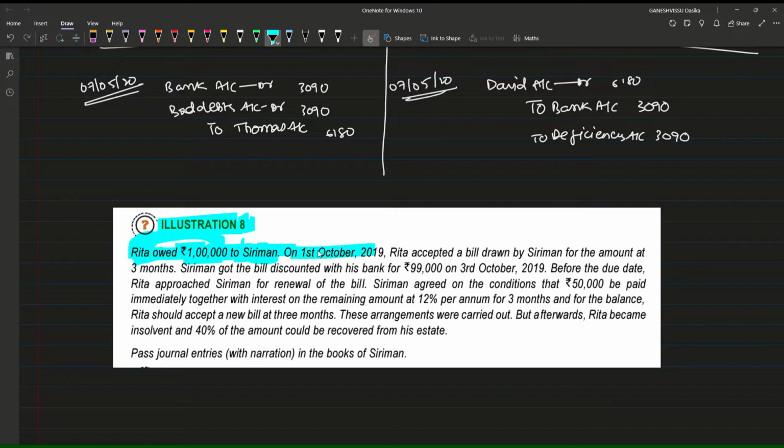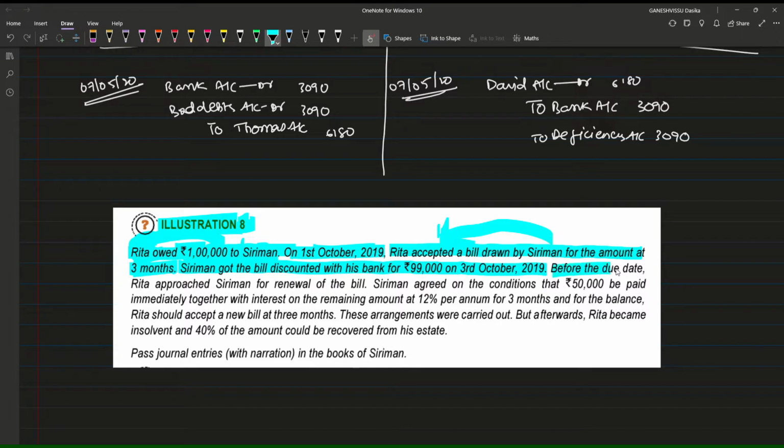On 1st October 2019, Rita accepted a bill drawn by Siriman for the amount at 3 months. So Siriman has drawn a bill of exchange on Rita for rupees 1 lakh. Next, what happened? Siriman got the bill discounted with his bank for 99,000 on 3rd October 2019. Within 2 days, he has discounted the bill for 99,000 rupees, the balance being discounting charges.